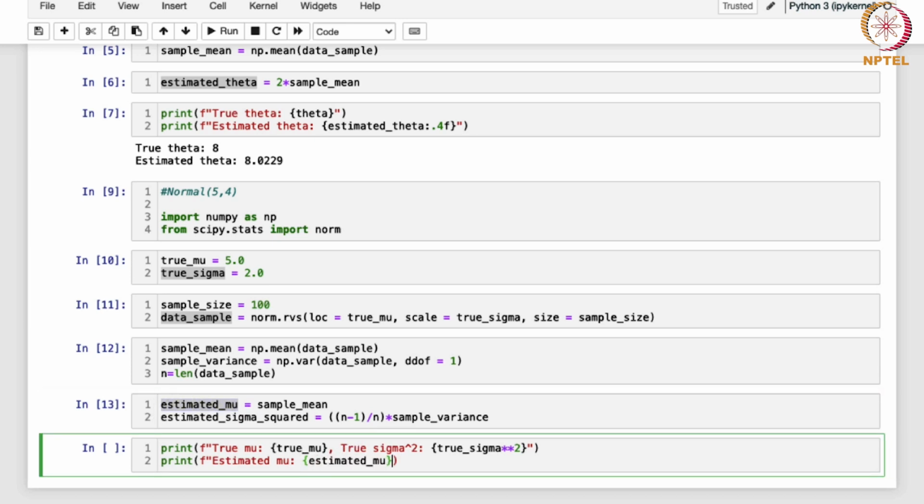And what will be the estimated sigma squared? Let us print that also, the estimated sigma squared that we have found over here.